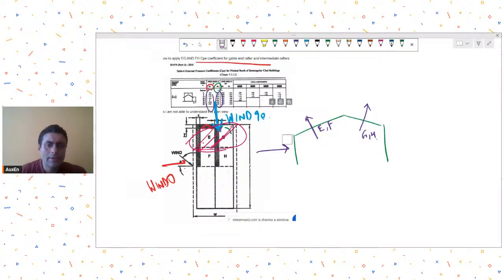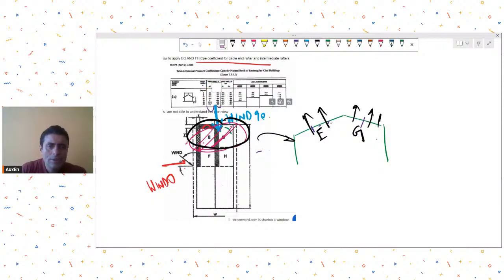So now imagine that my wind is blowing perpendicular to the screen, and I am in this region over here. I am talking about this initial portion. So here this face will be E, this face will be G, but the same wind loads will be blowing on E and G. So those have been clubbed and those have been provided under this EG.